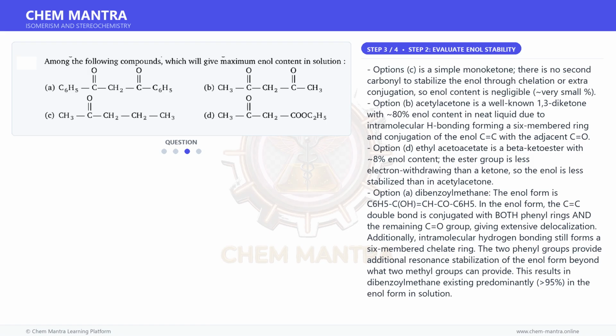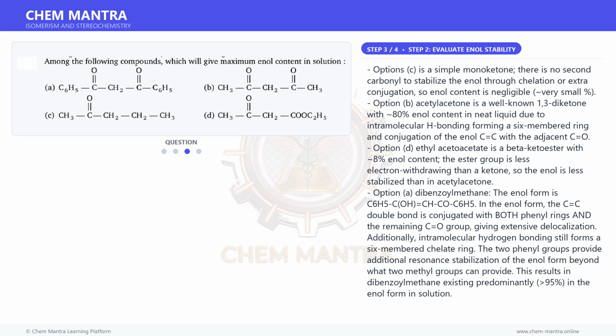Option A, dibenzoylmethane. The enol form is C6H5C(OH)=CH-CO-C6H5. In the enol form, the C=C double bond is conjugated with both phenyl rings and the remaining C=O group, giving extensive delocalization.